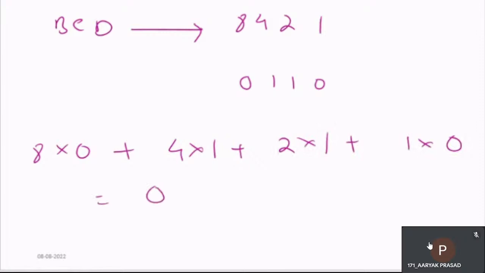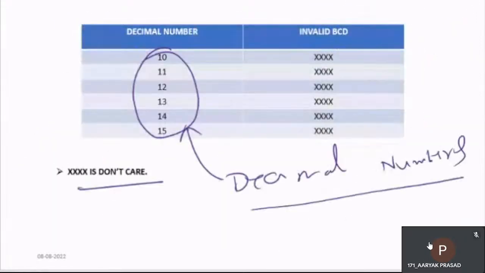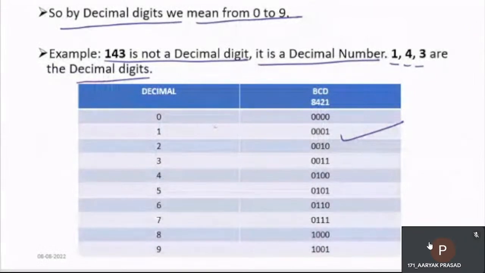So it will give you 0 plus 4 plus 2 plus 0, which is 6. And you see 6 is represented in BCD by 0110. So you have to multiply the positional weight with the binary number, either 0 or 1.